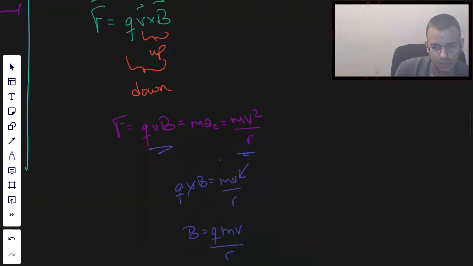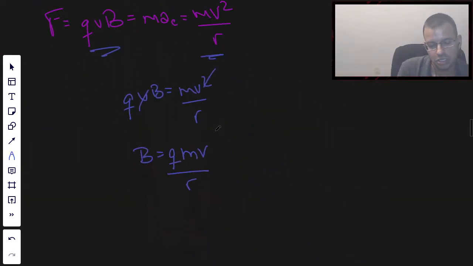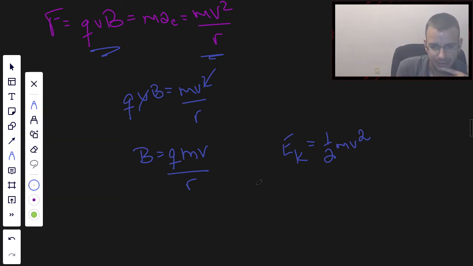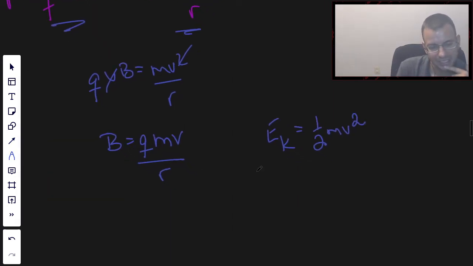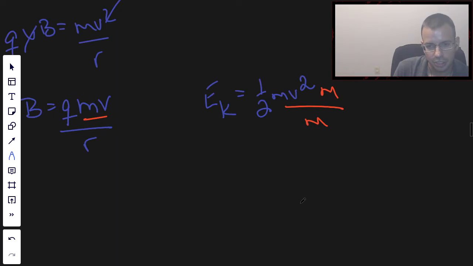Okay, let's do that. Kinetic energy is due to motion, and I'm going to assume it can be represented as 1/2 mv squared. I'm going to assume it's not moving relativistically. We see that we have an mv here, so I'm going to multiply this by m over m. Rearranging, we have 2 m times kinetic energy equals m squared v squared.